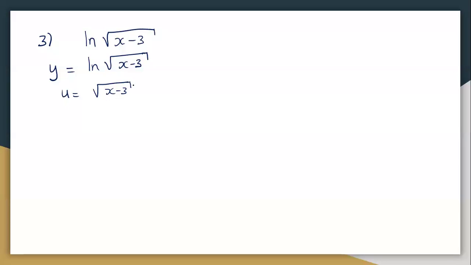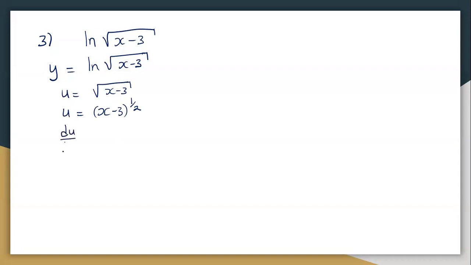But we know that any number to a root is the same as power a half. So here it is the same as x minus 3 power a half. When we differentiate, we need to apply our rule, and I hope everyone knows how to differentiate.